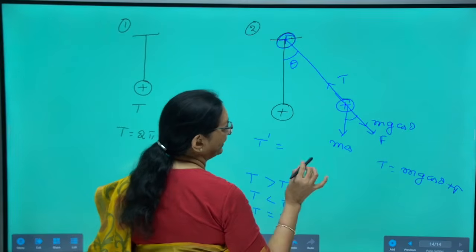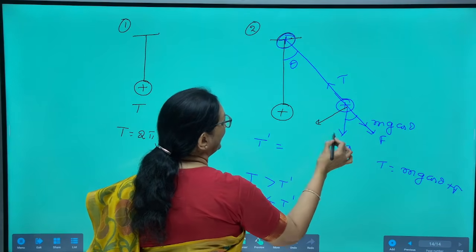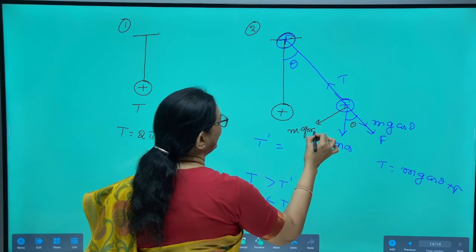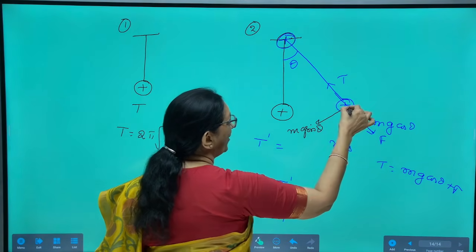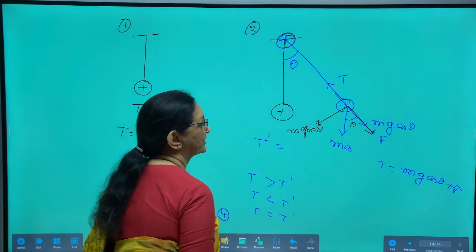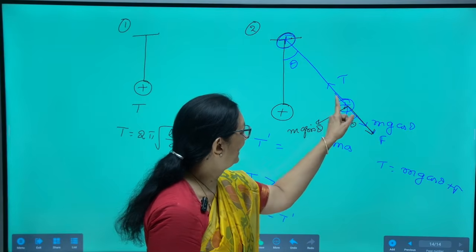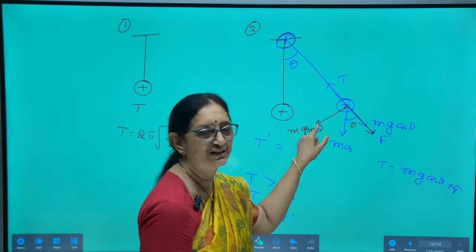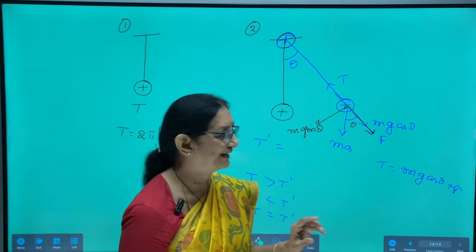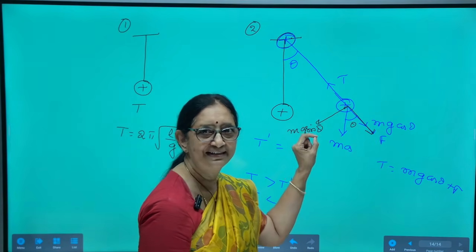Now, look here very carefully. What is the restoring force? The component of mg along this direction is mg sin theta. The component of this electrostatic force along this direction is 0, because this is radial and this is tangential. The angle between the radial vector and the tangential vector is 90 degrees, so the component of F along the tangential vector is 0.